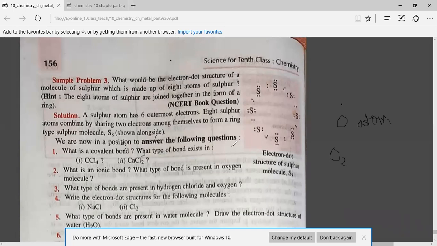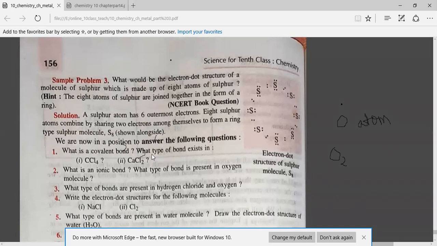When non-metal combines with non-metal, the resulting bond is the covalent bond, because covalent bond is formed when two non-metals combine, whether it combines with itself or with another non-metal. In our second question, this oxygen is combining with itself, so this will combine with the formation of the covalent bond.